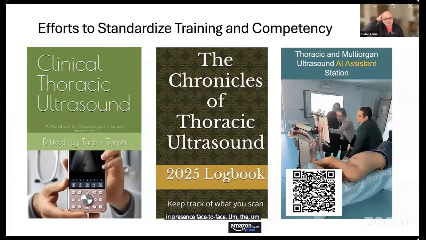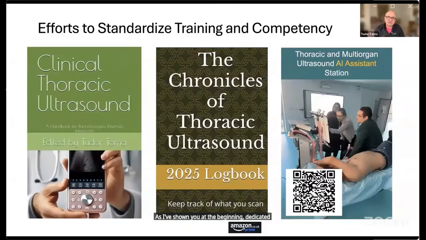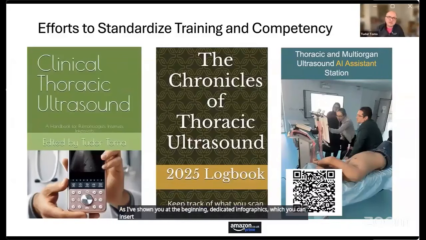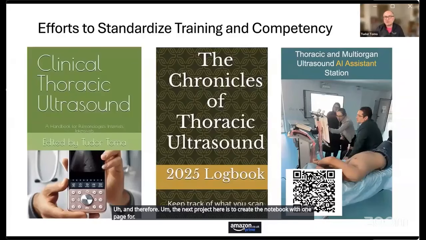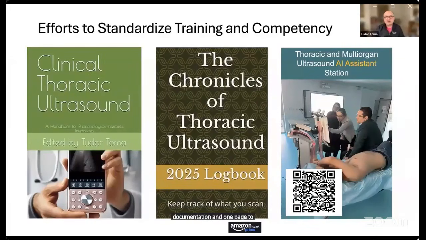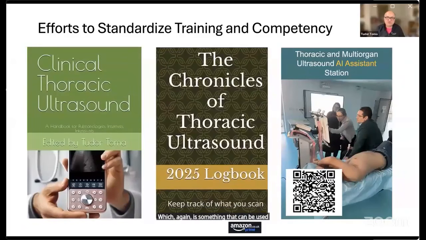The other advantage of AI is now that you can create, as I've shown you at the beginning, dedicated infographics, which you can insert in this notebook. And therefore, the next project here is to create the notebook with one page for documentation and one page to have an infographic about the particular aspect of thoracic ultrasound, which again is something that can be used for interventional bronchoscopy as well.